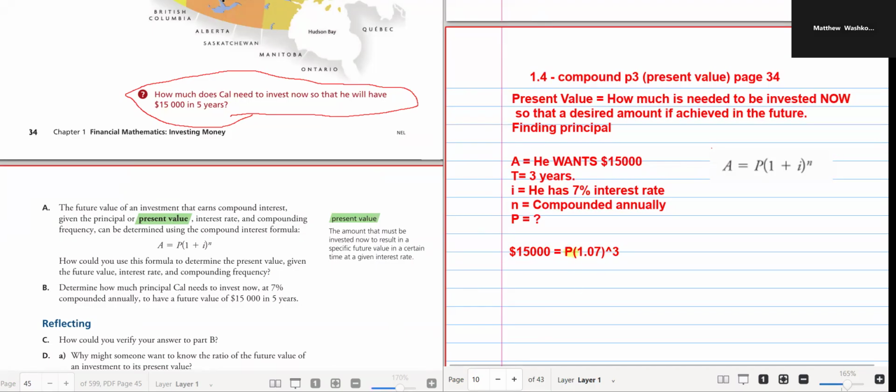So first off, I'm going to divide both sides by 1.07 to the power of 3, which cancels out on one side. So we get $15,000 divided by 1.07 to the power of 3, and all of that is equal to P.